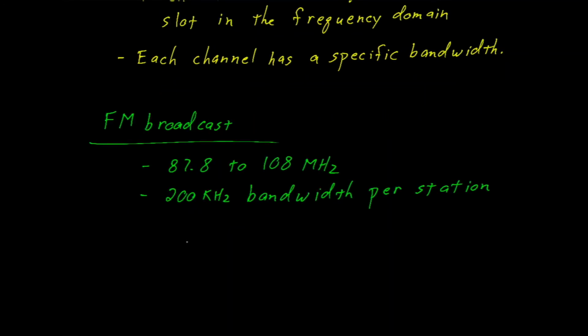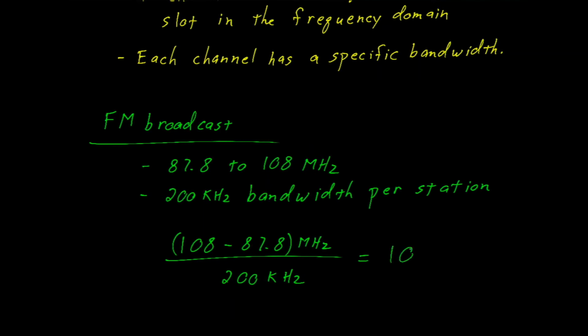Knowing this, we can calculate the total number of stations, which works out to be about 101 individual stations. Obviously, there are more than 101 stations across America. However, it is the spatial multiplexing that allows us to reuse frequencies. For example, a station in northern Maine will not interfere with a station here in Connecticut.